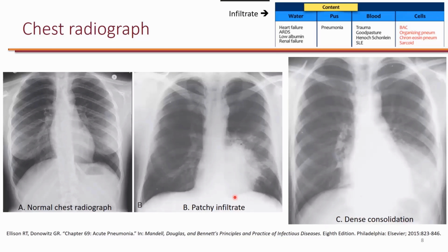Patchy infiltrate is usually due to either the presence of fluids, viral infections, or atypical organisms. And when you have dense consolidation, as you can see in film C, it is usually more likely to be due to non-atypical organisms such as gram-positive and gram-negative organisms.